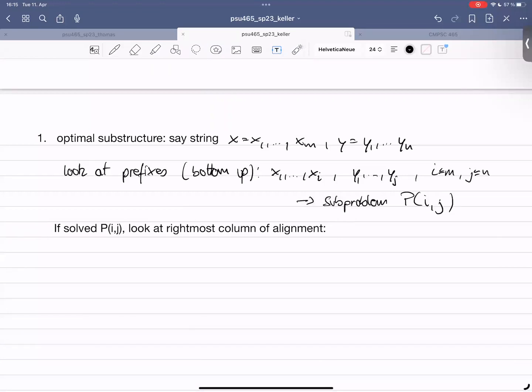It either aligns xi to a gap, or the other way around, that yj will be aligned to a gap, or it aligns xi to yj. These are the three possibilities. There's nothing else that you can have in this alignment. Let's call this case 1, case 2, and case 3. And let's look at these three cases and try to quantify Pij based on these three cases.